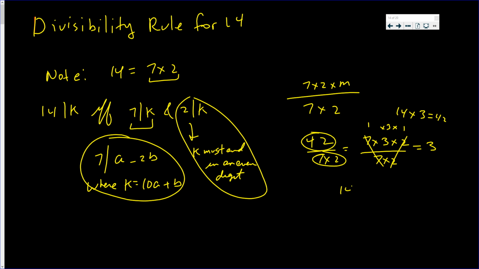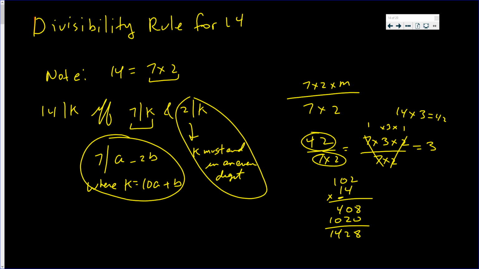Now, for example, 14 times 102, well, 14 times 102 is 1428.